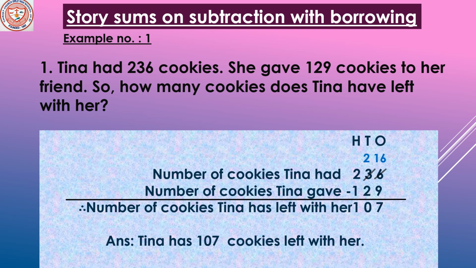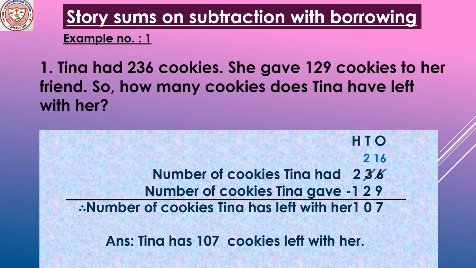Now we can subtract 9 ones from 16 ones. So 16 ones minus 9 ones is equal to 7 ones. Write 7 in the ones column.